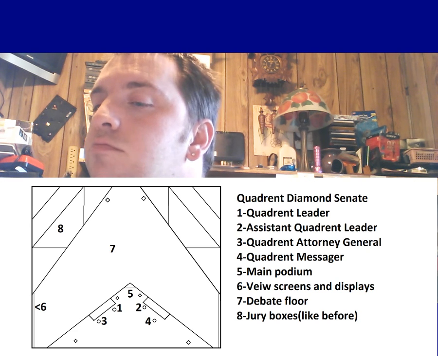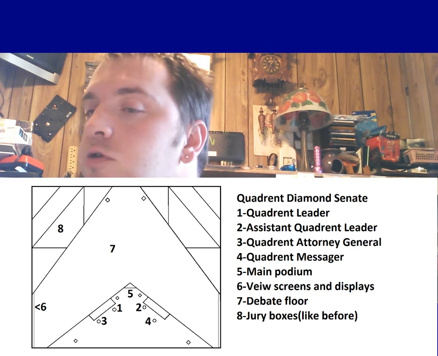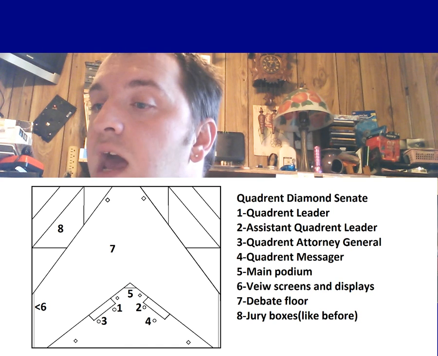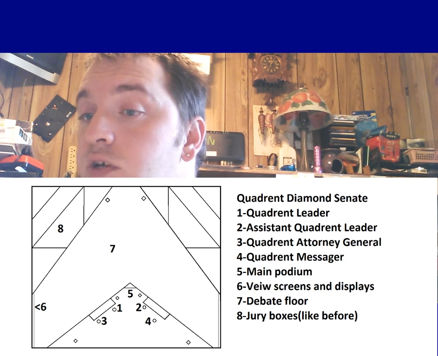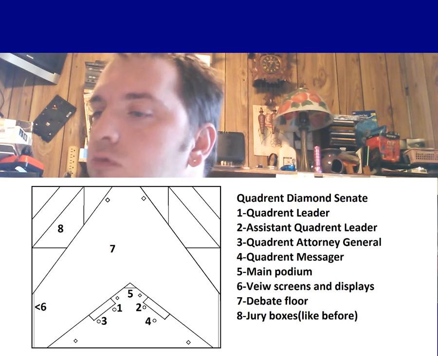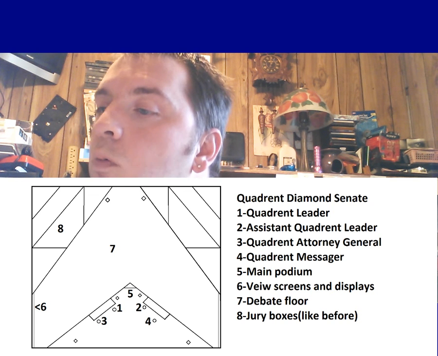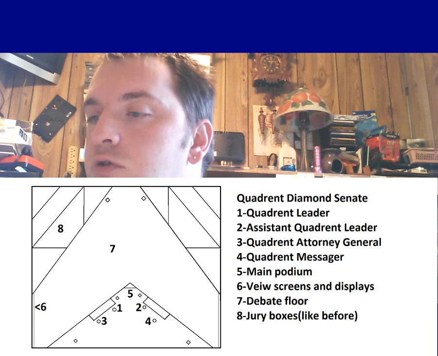Okay, we're going to post the Quadrant Diamond Senate. We probably already have, I'm not entirely sure. Quadrant Diamond Senate. All people that have been selected, usually 13 from each state, will join to tell the quadrant level of government what the majority of the quadrant wants. Okay.